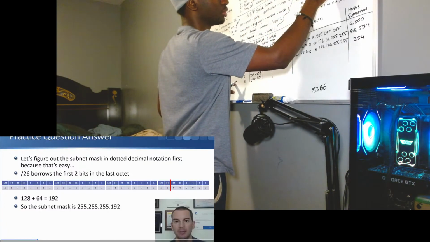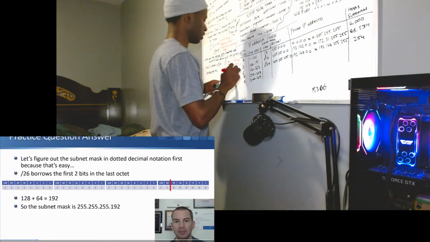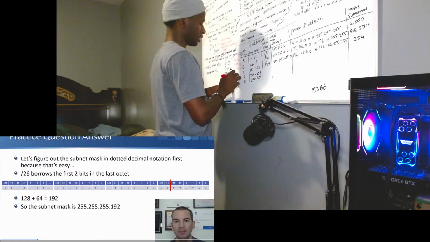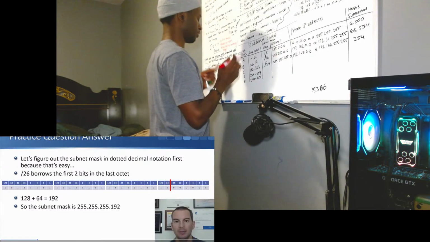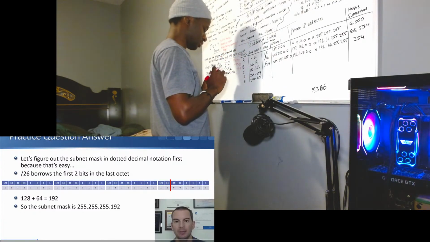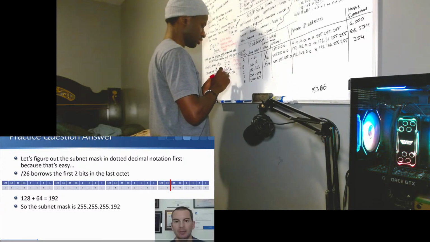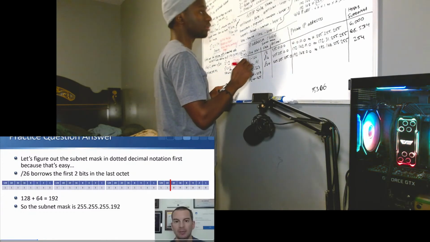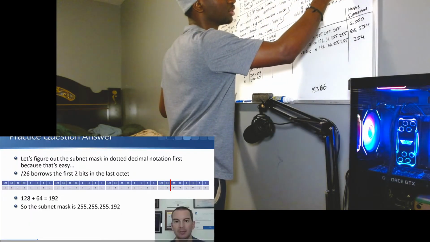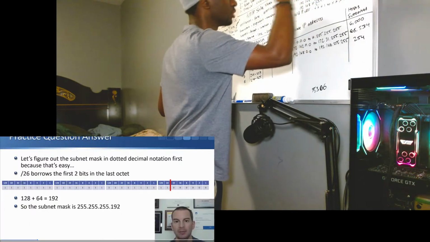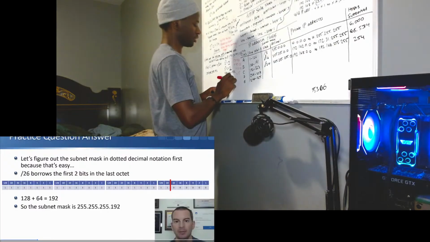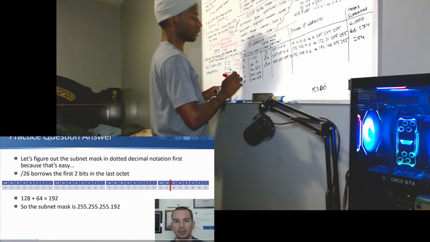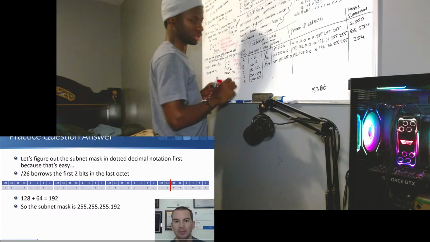So the next one will be 0, and then a 1. 13 minus 8 gives us 5. And then that's also 1, then that's 0, then that's 1. So that would be 1 0 1 0 1 1 0 1.